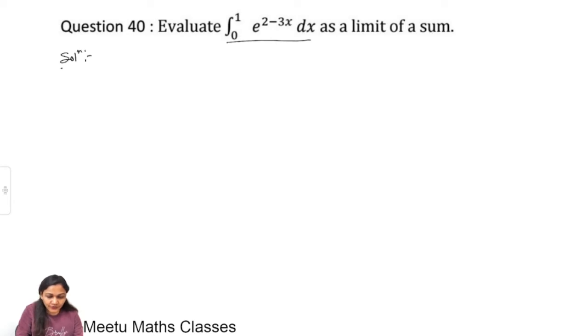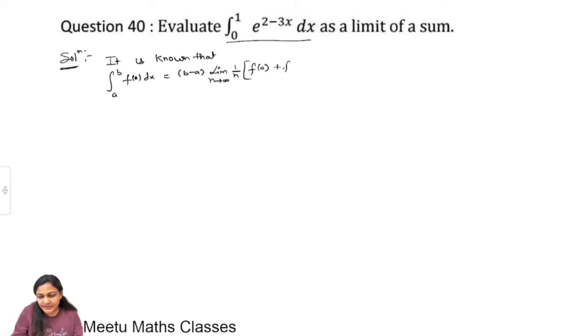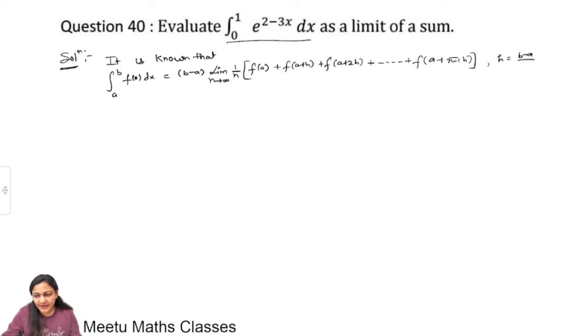To find the value of this integral as a limit of sum, we know the formula that the integral from a to b of f(x) dx can be written as (b minus a) into the limit n tends to infinity of 1 upon n into [f(a) plus f(a plus h) plus f(a plus 2h) plus and so on, f(a plus (n minus 1)h)], where h is (b minus a) upon n.